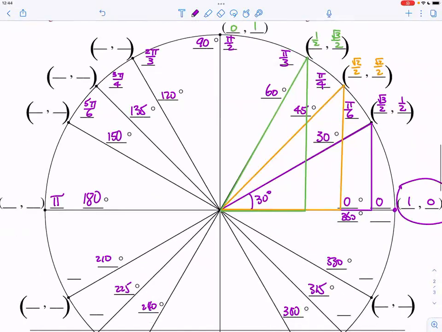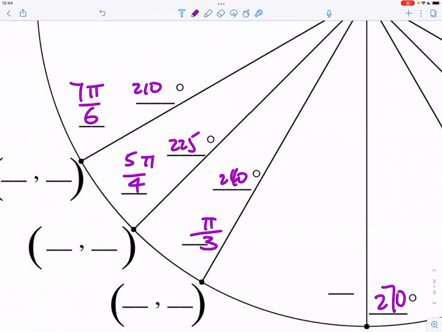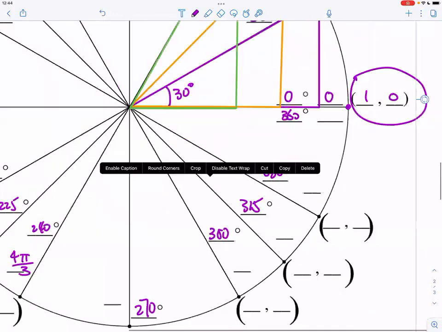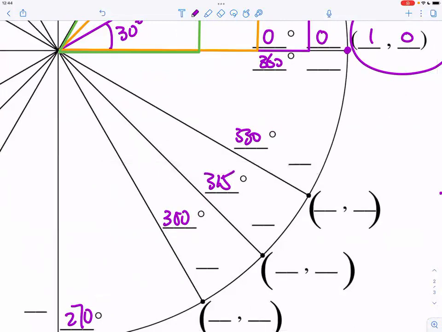And for the one in quadrant 3, what did you discover? It's 1 greater than the denominator. And of course, there's a reason behind it. And then over here, we have pi over 6, pi over 4, pi over 3.